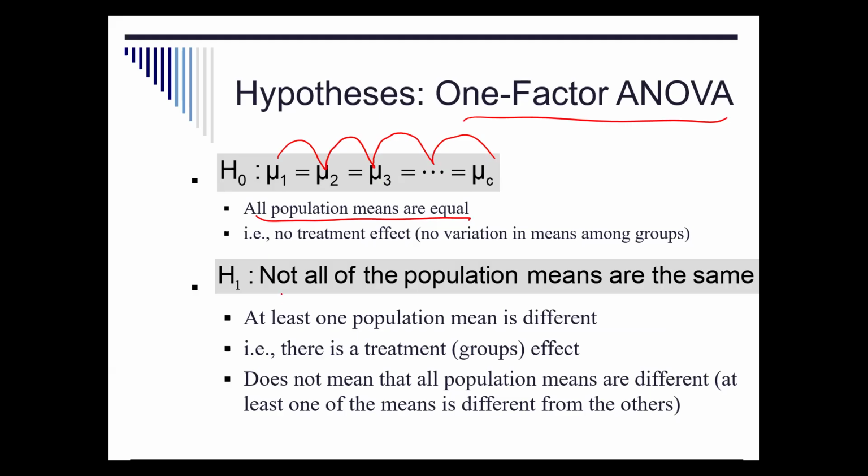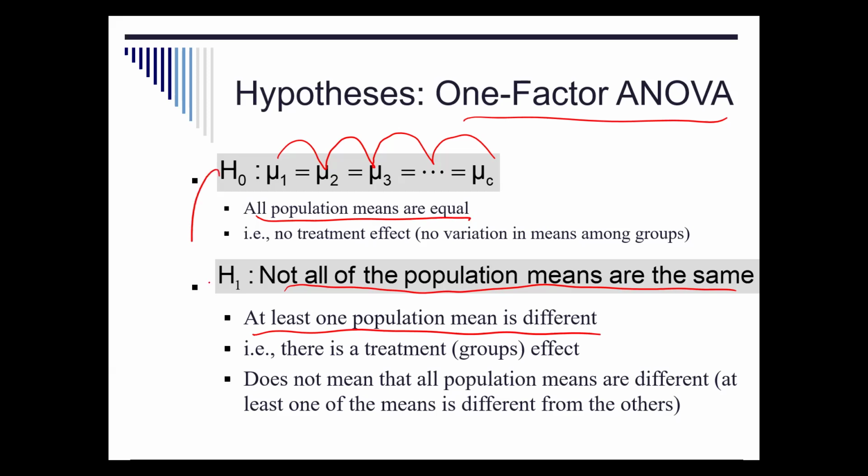The alternate hypothesis is not all of the population means are the same, meaning at least one population mean is different. Then if we want to do post analysis using the Tukey test, we can identify which two population means are different. We'll get to that in a second.